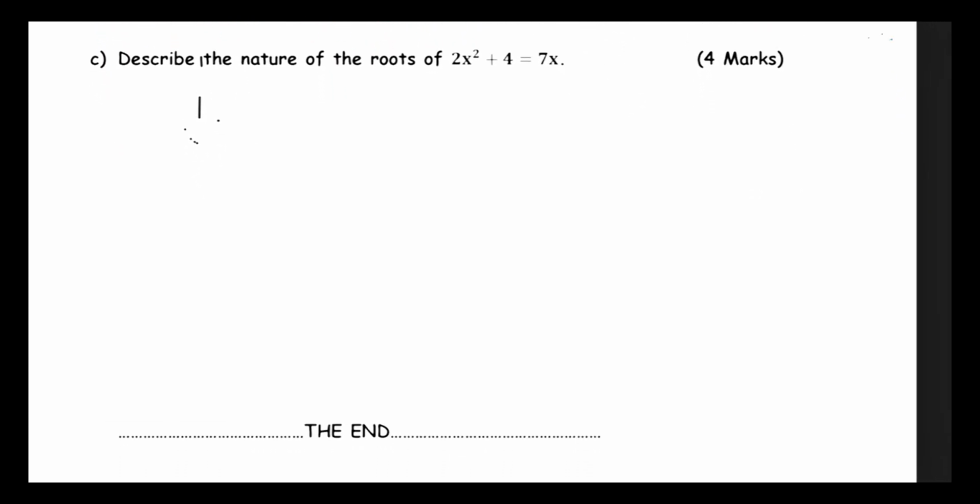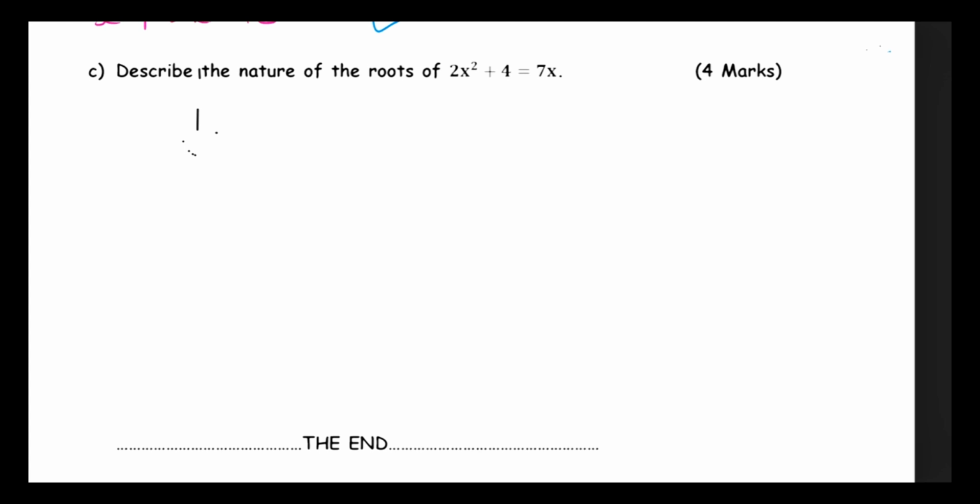The next question requires us to describe the nature of the roots of this particular equation. So for us to be able to describe the nature, we need what we call the discriminant.